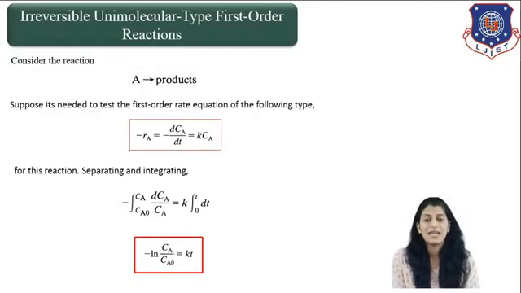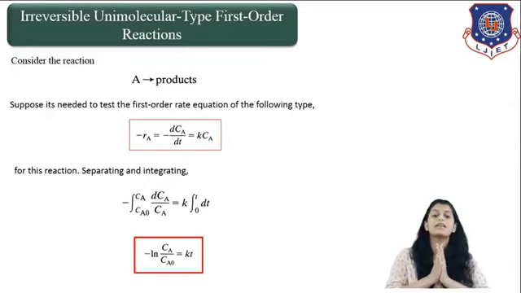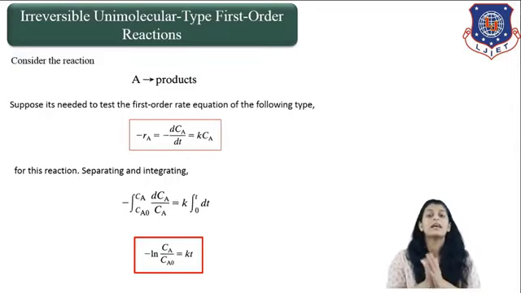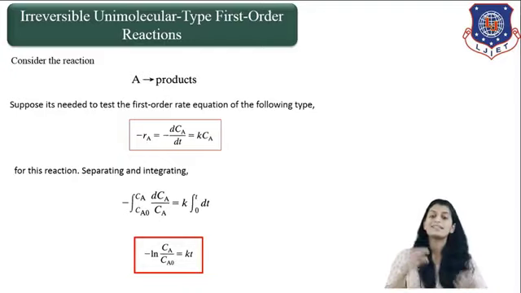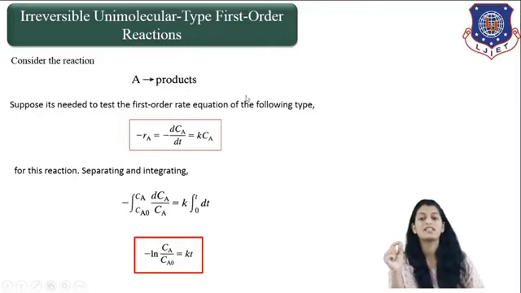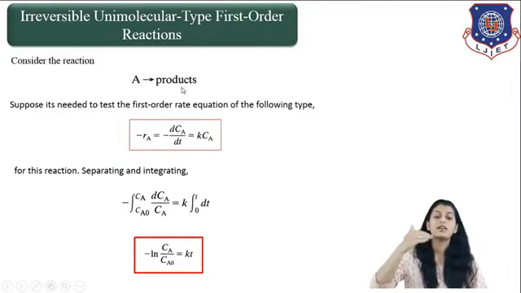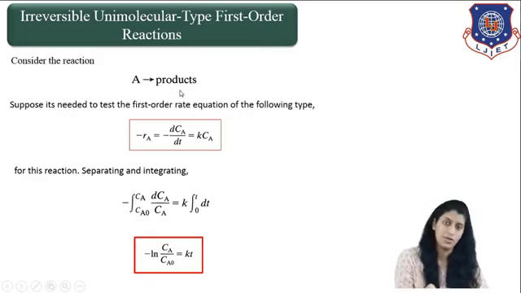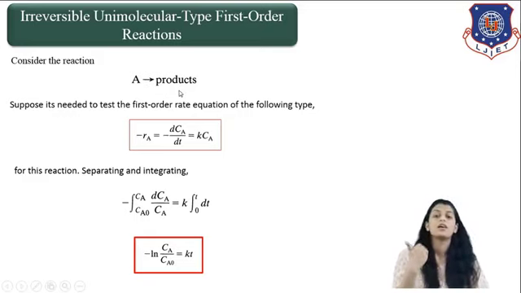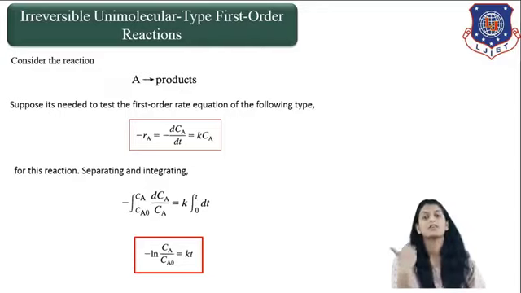So, as you can see, the first topic associated with the integral method of analysis is the irreversible unimolecular type first order reaction, right? It is said to be irreversible because it is a one-directional reaction. Reactant is converting itself into the desired product, and no decomposition of product into reactant is taking place. That's why it is irreversible.